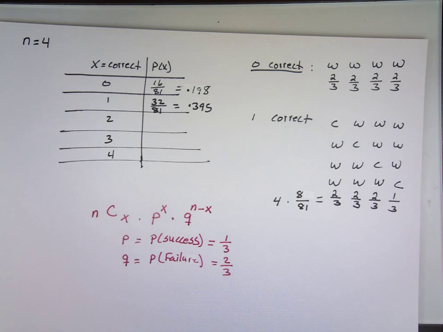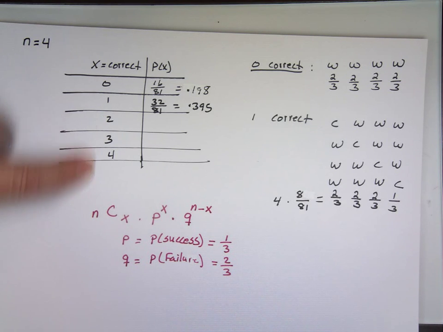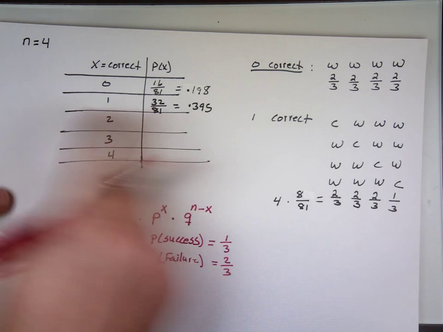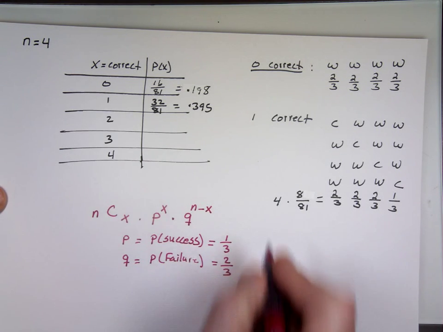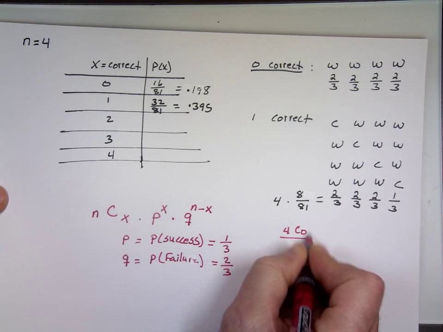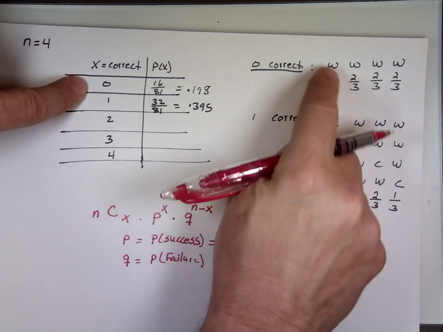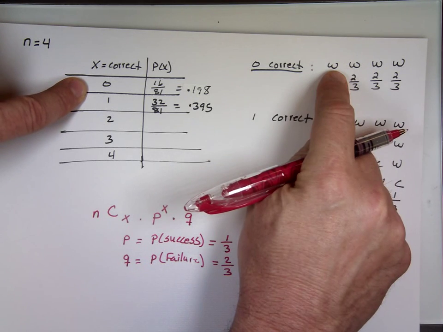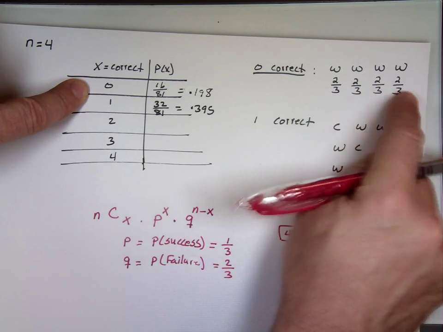And what about x? What's x then? X is the number of correct answers. And if you want to know if that's true or not, for the first one, x is what? 0. So this is 4C0, and that will tell you how many choices, and that's a 1. There's only one set of these. And how did you come up with that number?